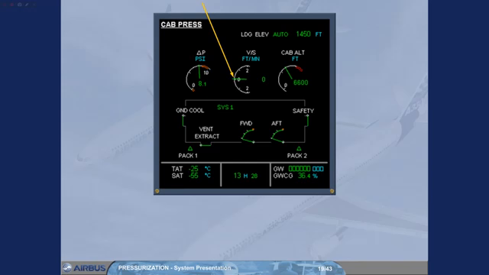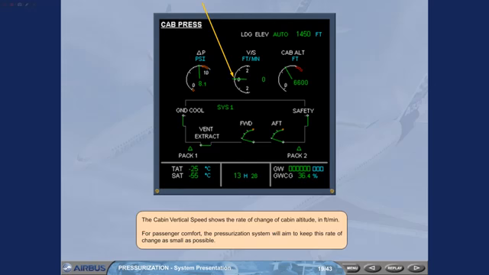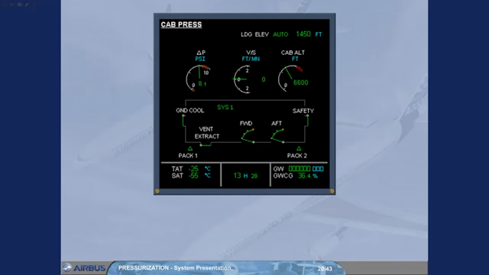For passenger comfort, the pressurization system will aim to keep this rate of change as small as possible. The cabin altitude is also shown.